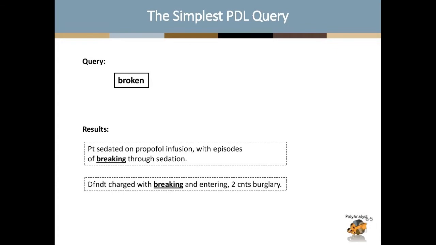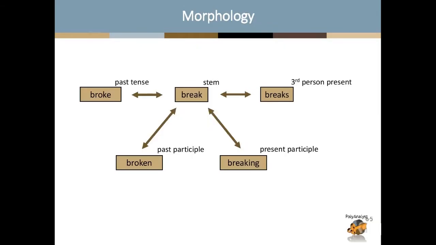So with episodes of breaking through sedation, defendant charged with breaking and entering. So we didn't look for the word breaking, we looked for the word broken, yet breaking is matched by broken. This is that second layer of linguistic content we talked about, morphology.